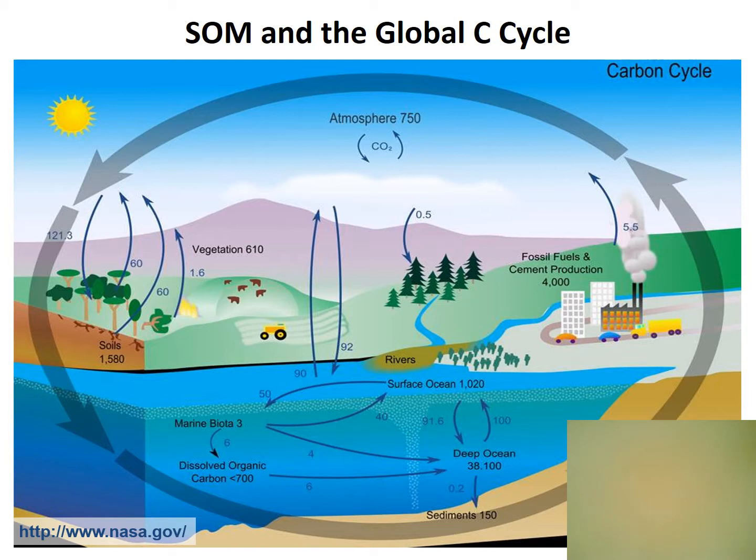And then I'll just mention that there's also a lot of interest in climate regulation in soils, because soils really, at the bottom, you can't probably see the numbers there, but soils hold twice as much carbon as is in our atmosphere, and about 3 times what is in all living vegetation.